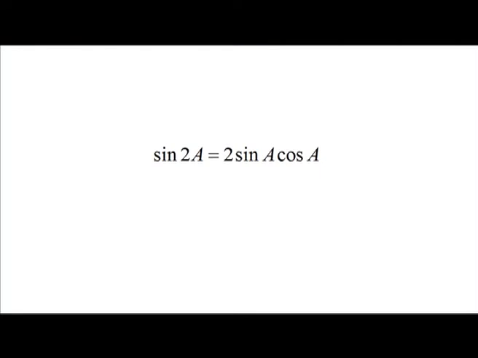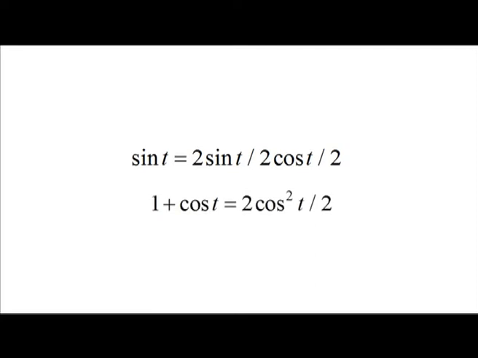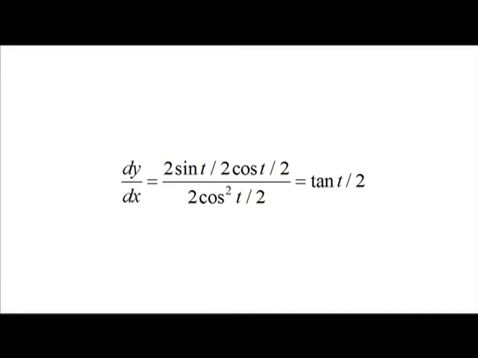Using the trigonometric identities, sin 2a is equal to 2 times sin a cos a and cos 2a is equal to 2 cos square a minus 1, we obtain sin t is equal to 2 sin (t by 2) times cos (t by 2) and 1 plus cos t is equal to 2 times cos square (t by 2). Hence, dy by dx is equal to 2 times sin (t by 2) into cos (t by 2) all divided by 2 times cos square (t by 2), which is equal to tan (t by 2).